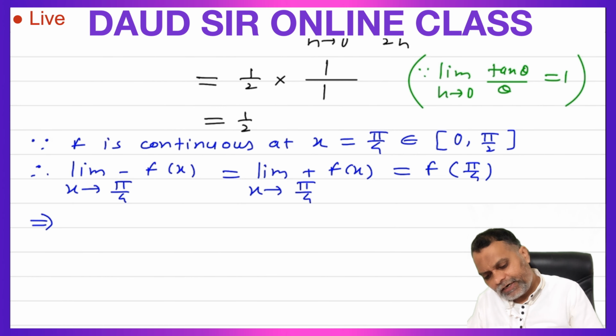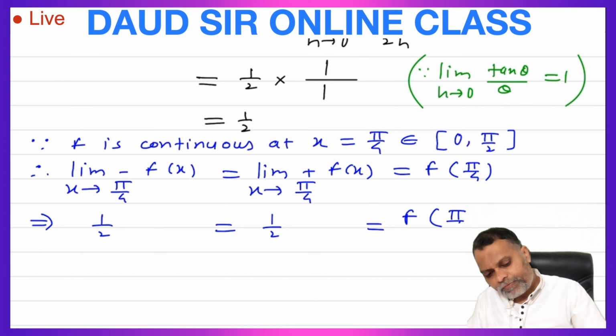The value of the left hand limit is 1 upon 2. The value of the right hand limit is also 1 upon 2, which is equal to f of pi by 4.